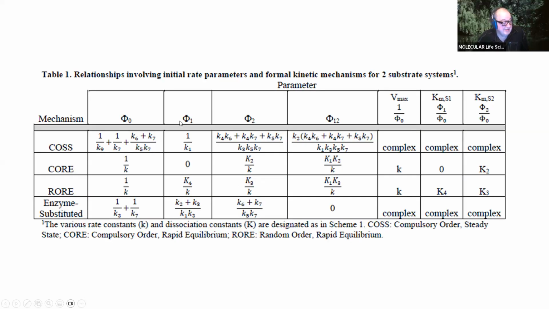And then this table, and again, it's from one of the papers that I'm going to share on the website, shows you the relationship of the initial rate parameters to the various constants that are in the schemes. And you'll see in many of these initial rate parameters are whole bunches of different rate constants from the mechanism.